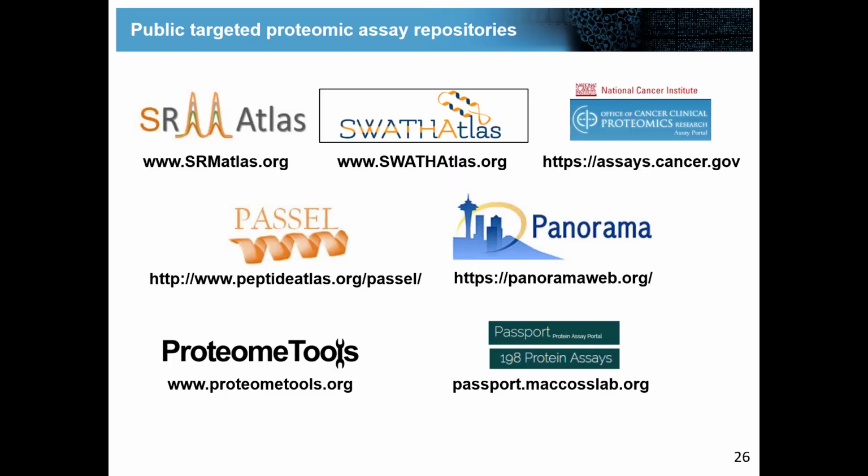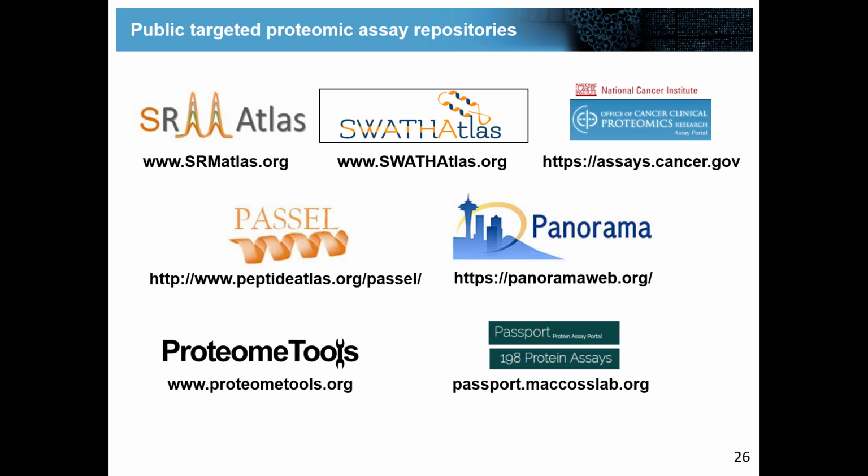And this slide is just once more a summary of what Sue already showed you. So if you decide to also work with public data, there are a lot of resources, like SRM Atlas, PeptideAtlas, all from the ISB team.